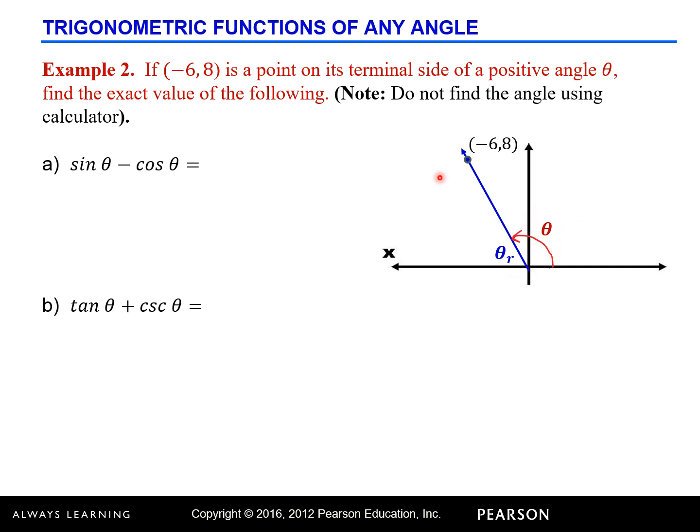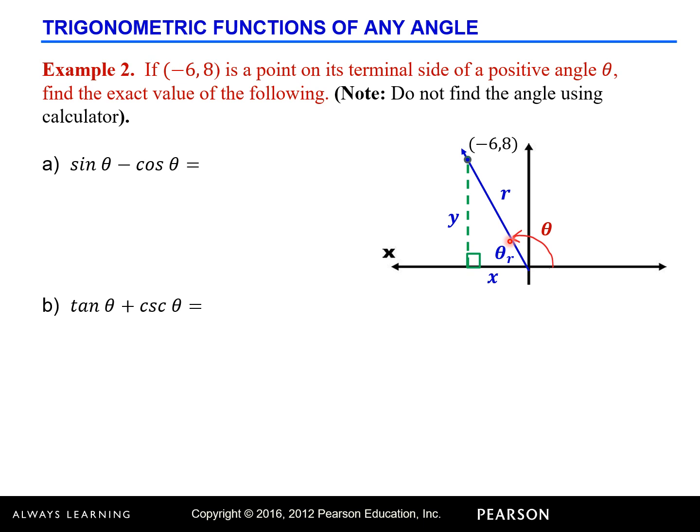Now, let's create a reference right triangle by drawing a vertical line from the point (-6, 8) perpendicular to the x-axis. We now have a right triangle. Let us denote the opposite of this reference angle by y, the adjacent by x, and the hypotenuse by r.